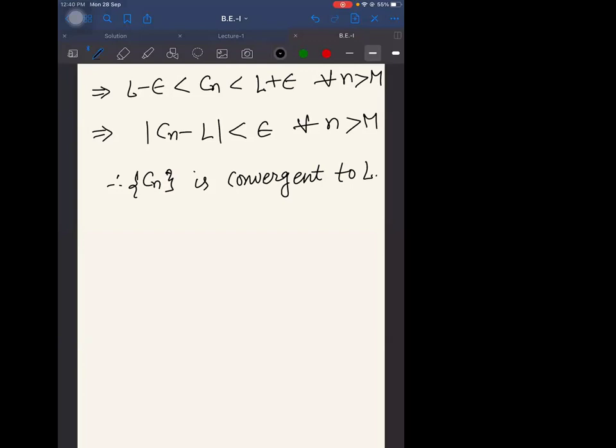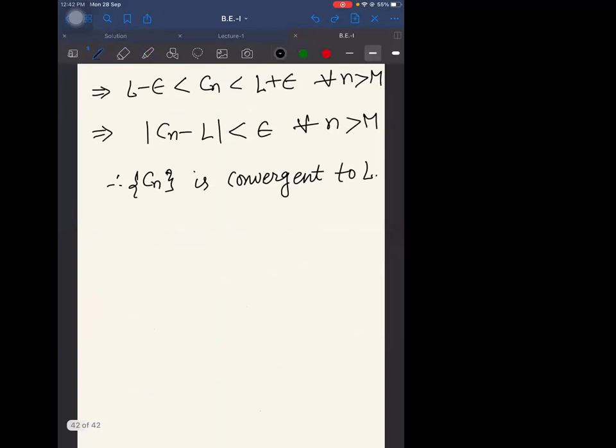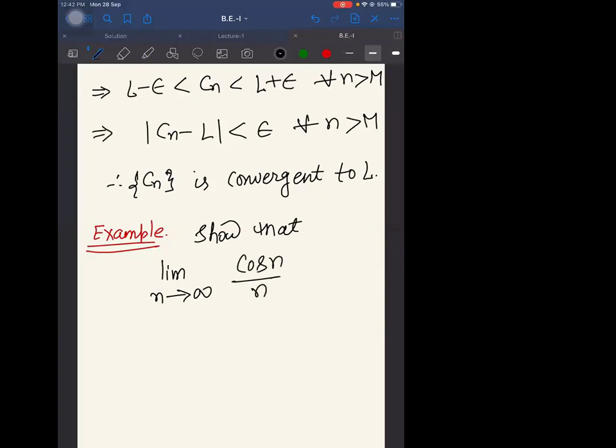So we'll do a few questions on that. So now, let's say we show that limit n tends to infinity cos n by n is equal to 0, right?